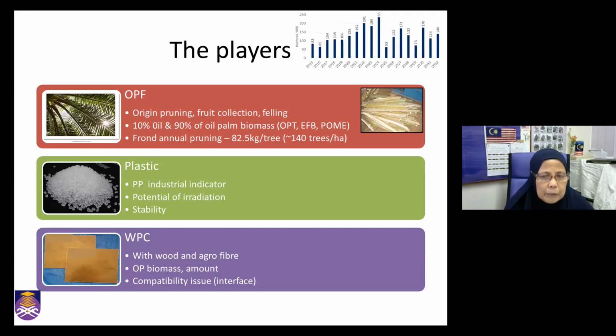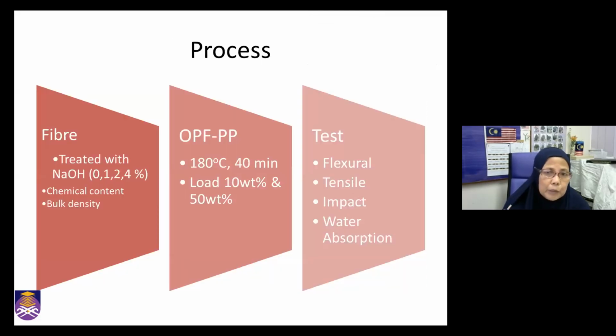Because of this compatibility issue, we work towards surface processing. The surface processing that we decided to go with is the utilization of sodium hydroxide, a simple material used in our pulp and paper industry, and cheap. If you can work with this, you will come up with a product that is easily produced using material that is common in the industry.